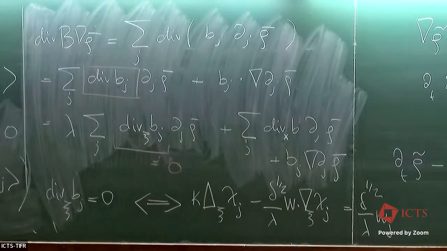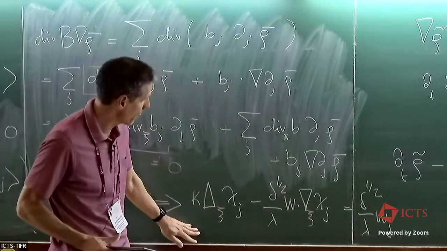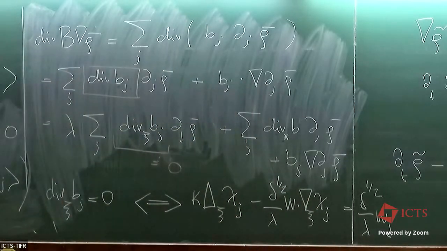So using the cell problem, which is the equation for chi-j, you can, well, here also, you can integrate by parts, right? This is an integral, this bracket means integral in psi.